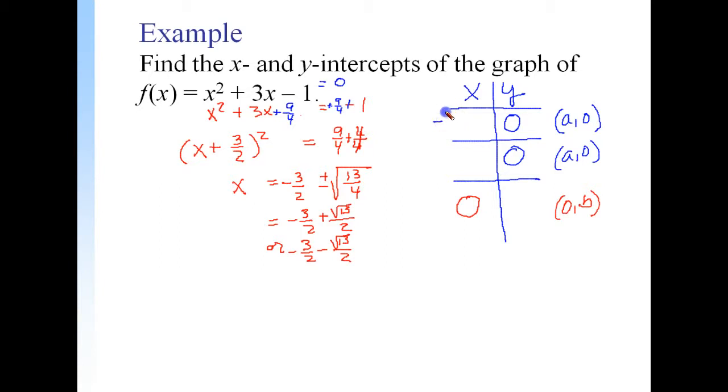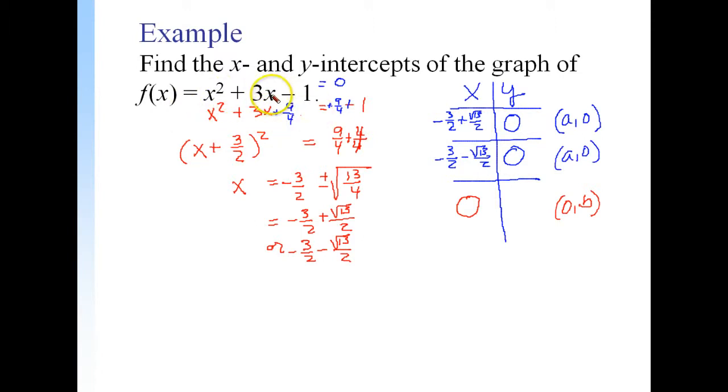One will be -3/2 plus the square root of 13 over 2, and the other one is -3/2 minus the square root of 13 over 2. So these are my x-intercepts. This was like finding the zeros.